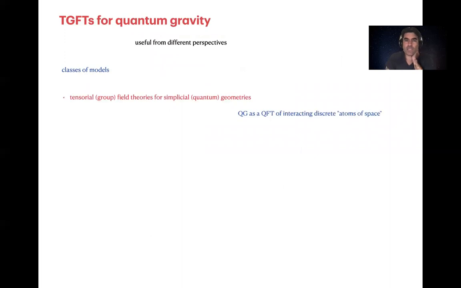So let's look again at the different models in this framework. The first class is the broad class of tensorial group field theories for simplicial quantum geometries. So we have the idea of defining quantum gravity as a quantum field theory of interacting discrete atoms of space.